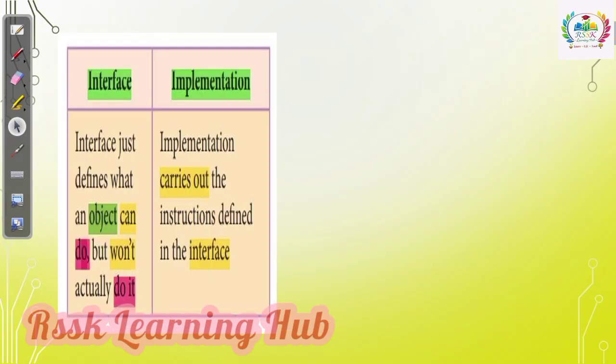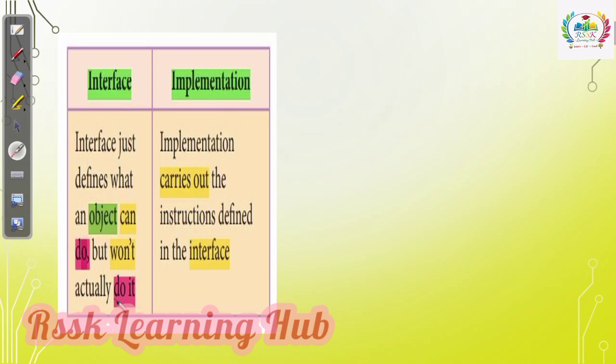Take down. Now we will see what is the difference between interface and implementation. It may be asked in your 2 mark. We just saw now: interface just defines what an object can do, but won't actually do it. It will induce an object to do.